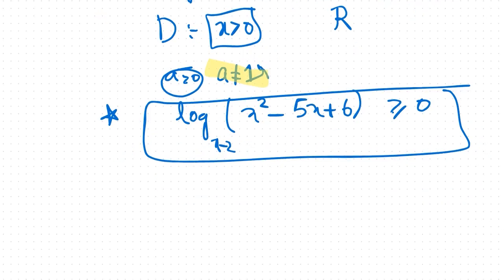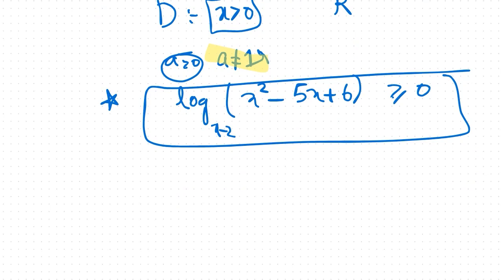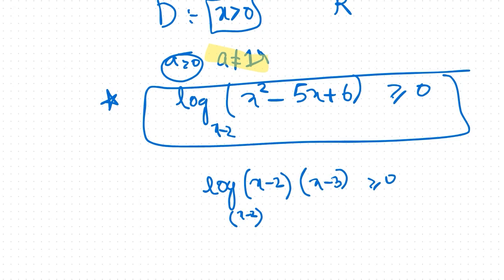Log base x minus 2 of x minus 3 plus log x minus 2 base x minus 2 is greater than or equal to 0. The log x minus 2 base x minus 2 becomes 1. So it simplifies to log x minus 3 base x minus 2 is greater than or equal to negative 1.